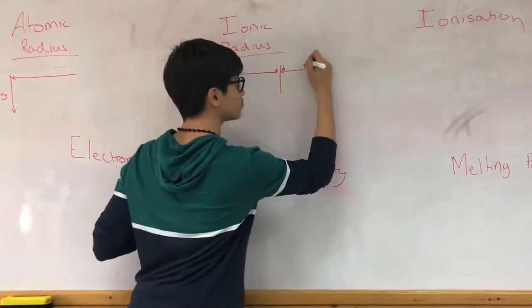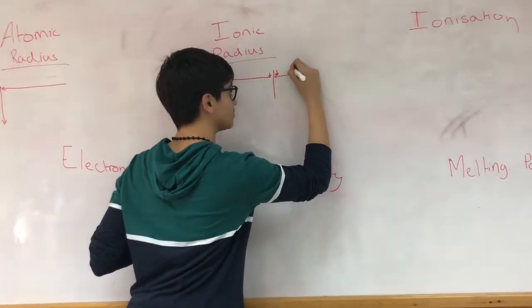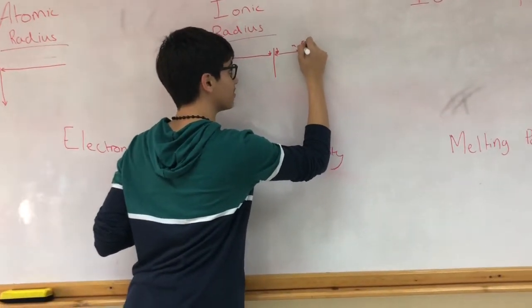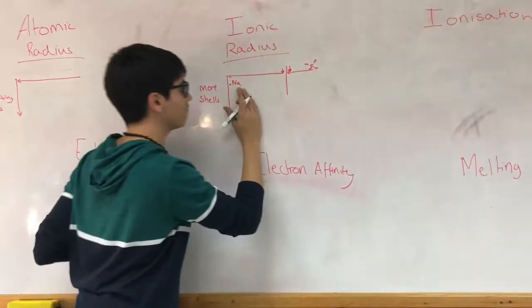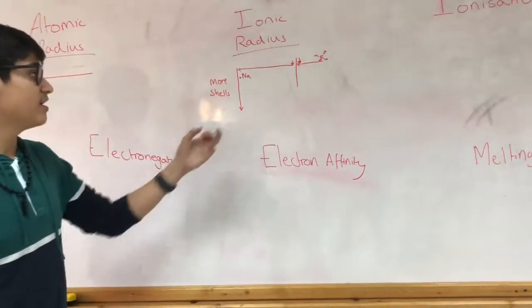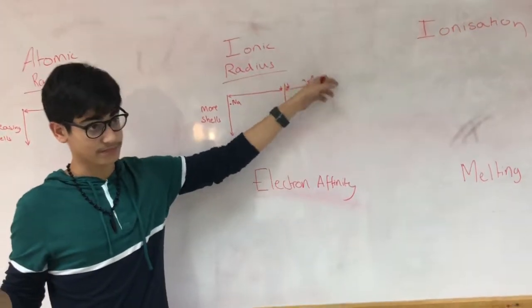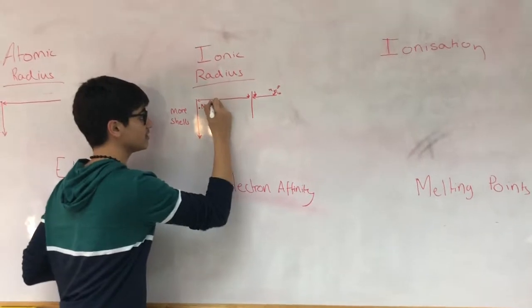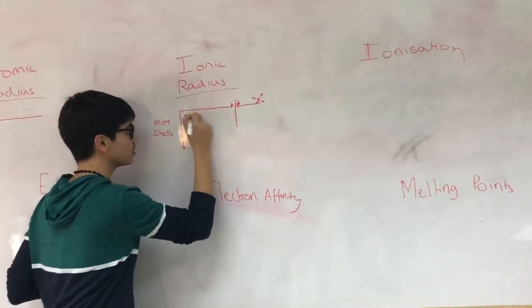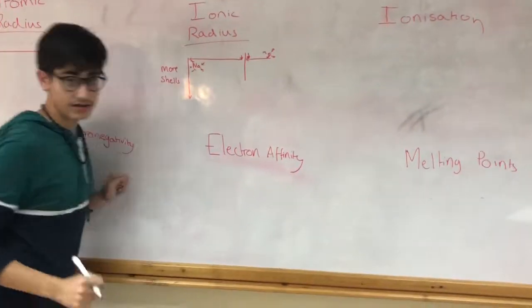That means there's more repulsion towards the outside, making the shell bigger than it was before, as it now has more electrons. Sodium, however, loses its outer electron, and now it's exactly the same as neon, with a stronger nuclear charge, so it attracts the electrons closer towards it. So it would be smaller than fluorine.